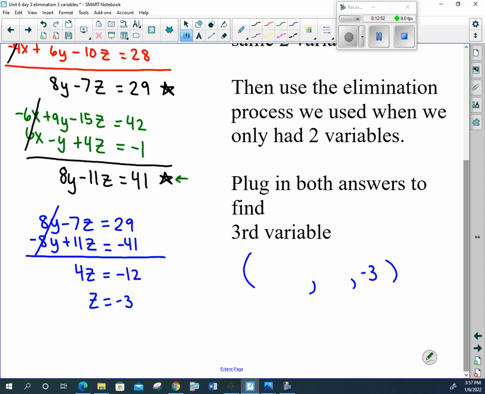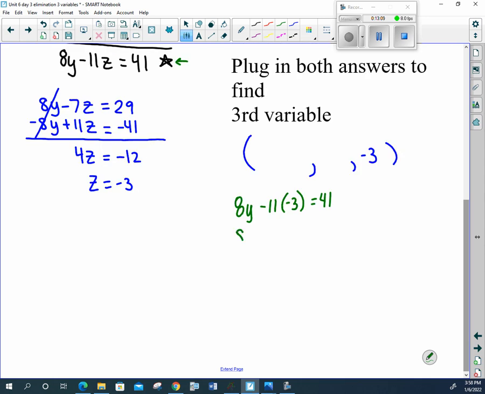Okay, so I'm going to put -3 in for z, so that's going to be 8y minus 11 times -3 equals 41. All right, so keep working on that. So 8y plus 33 equals 41. Subtract the 33, so 8y equals 8. So that means y equals 1. Okay, so I'm going to put 1 right there.